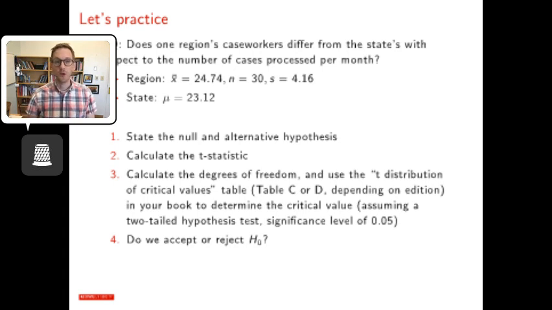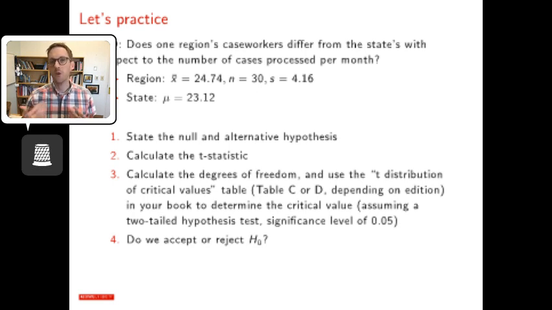So in the region, I have an X bar, or a sample mean, of 24.74 cases. The sample size is 30, and the standard deviation of that sample is 4.16 cases. Right? In the state, I know that the state mean is 23.12 cases. So the question is, that difference of about 1.5 cases, is that statistically significant? Is there something systematic going on in this region?